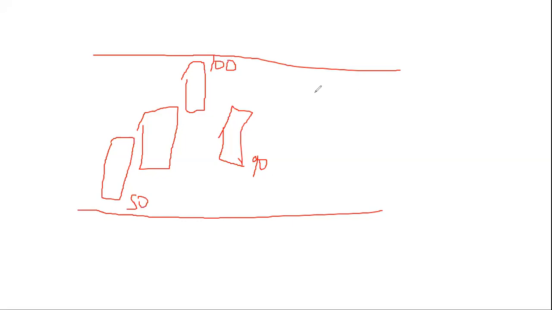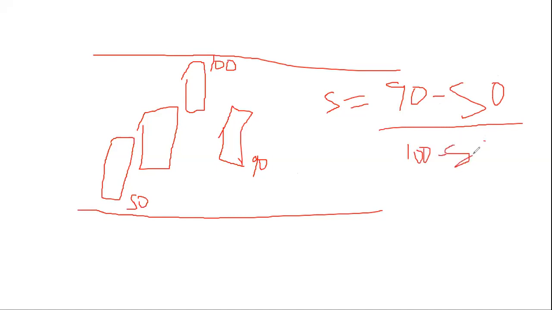So for us to do the calculation, stochastic, let me represent it with x, will now be equal to 90 minus 50, divided by 100 minus 50.